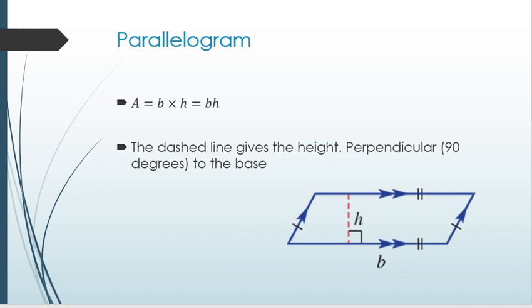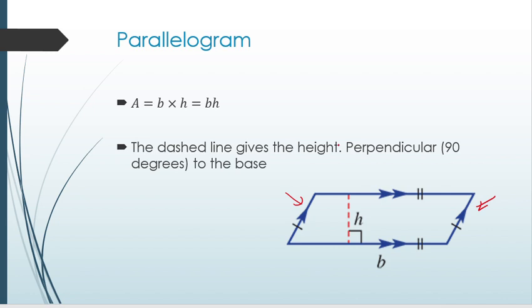Parallelogram. So a parallelogram is pretty much similar to a rectangle, but it's just been slightly angled differently, which you can tell from the sides here. So these sides are angled, but the length, aka the base in this case here, is pretty much the same. Okay, nothing's been changed about them.